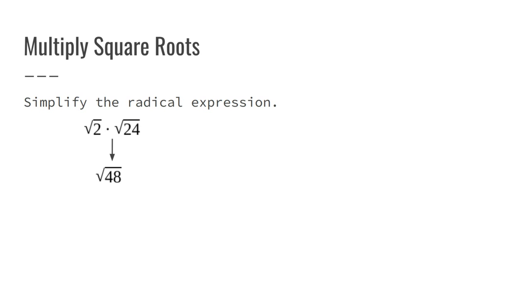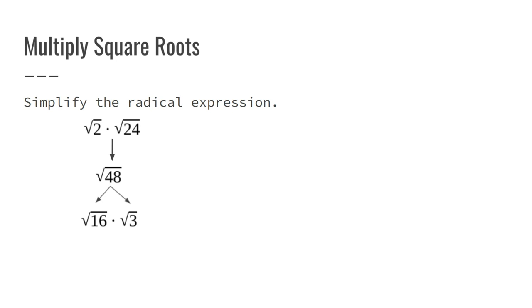Using my perfect squares list from before, so hopefully you guys wrote that down in your notes. If you didn't, go back and write it down. Using my perfect squares, I'm going to see what is the largest perfect square that goes into 48. When I do that, I'll get that 48 can be broken up into 16 and 3. Okay, 16 goes into 48 evenly 3 times. 16 is my largest perfect square that goes into 48.